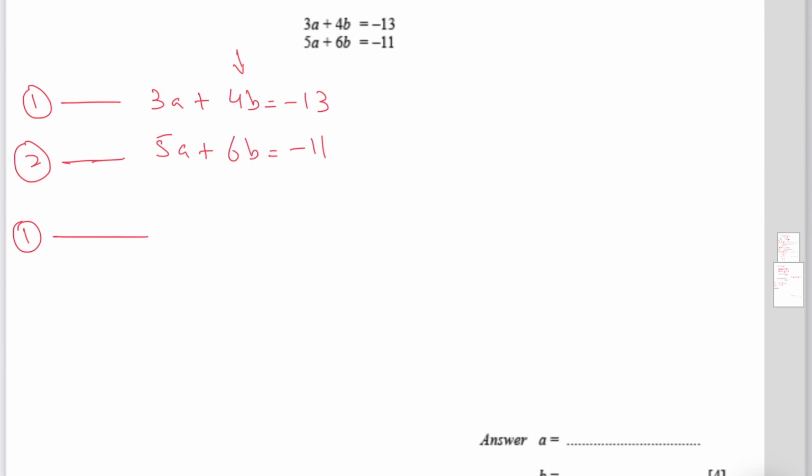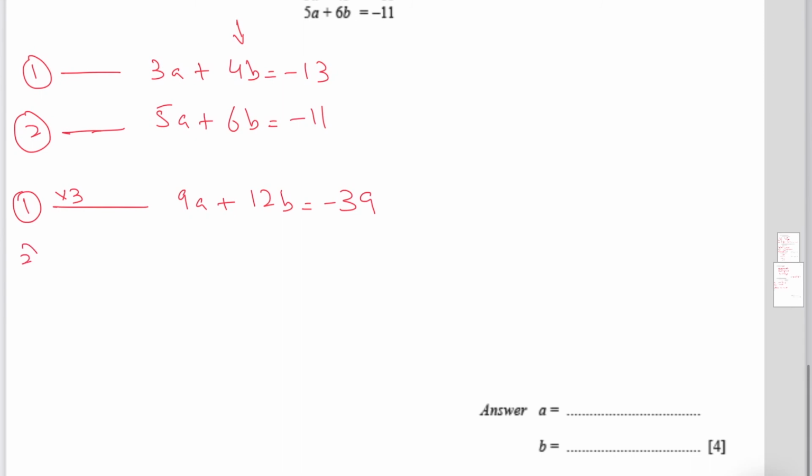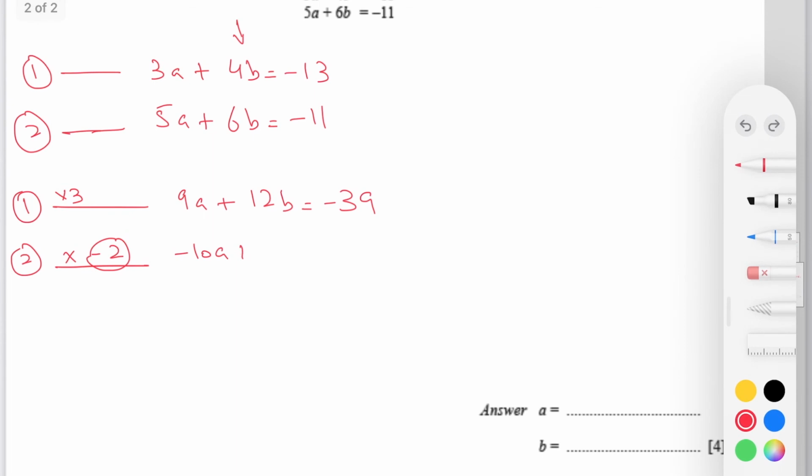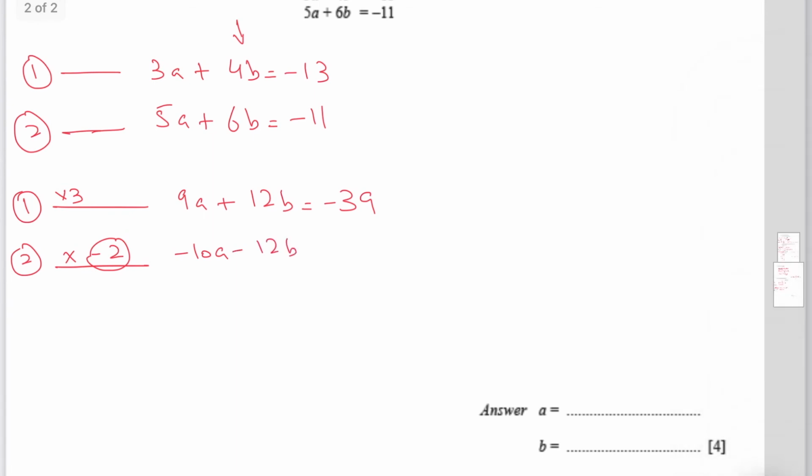So I multiply the first equation by 3. When I do that, this becomes 9a plus 12b equal to negative 39. The second equation needs to be multiplied by negative 2. So when you multiply this by negative 2, this becomes negative 10a minus 12b equals 22. Okay.